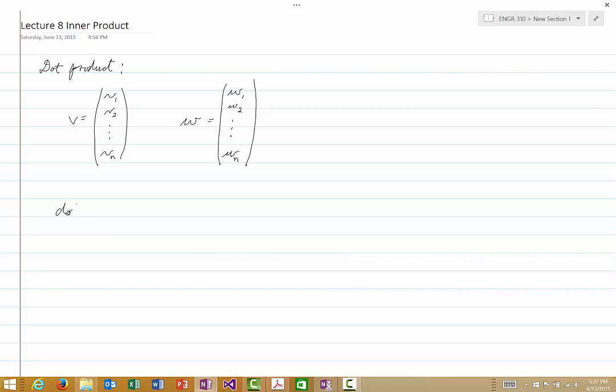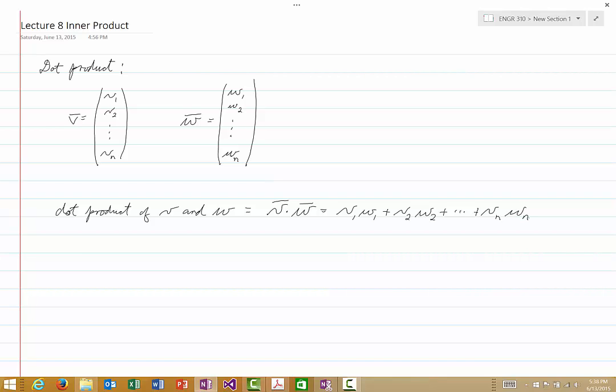The dot product of v and w is denoted as v dot w, and I'm going to put bars over these, which is frequently done for vector quantities. The dot product is defined as v1 times w1 plus v2 times w2 plus ... plus vn wn.